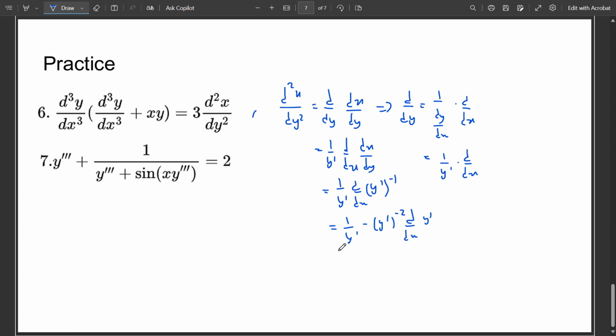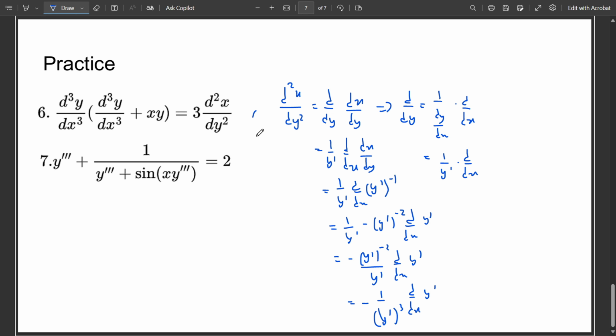Here we have negative y prime to the negative 2 over y prime with respect to x of y prime. And we can simplify this more to negative 1 over y prime cubed with respect to x of y prime. Yep, this is correct. Okay.